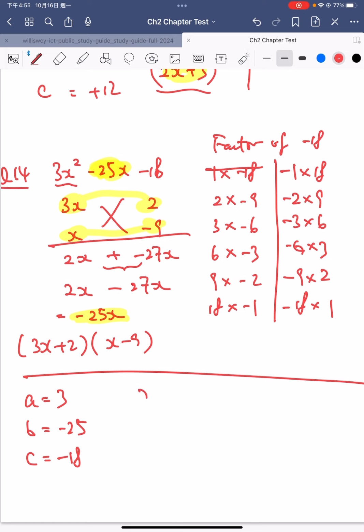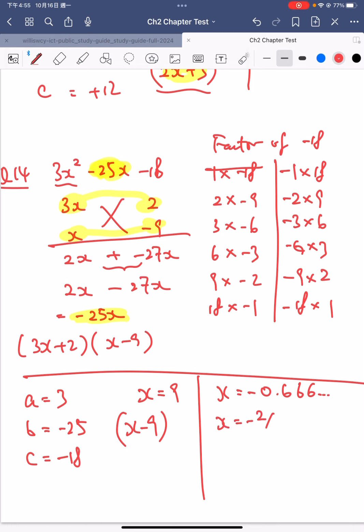You get the first one, x equal to 9. So you move the 9 to the left hand side, and you get x minus 9. That's the first factor. Then press the EXE again, and you will have x is equal to negative 0.666. This is very ugly, but don't be scared. You just press the change to fraction, so you will have x is equal to negative 2 over 3.